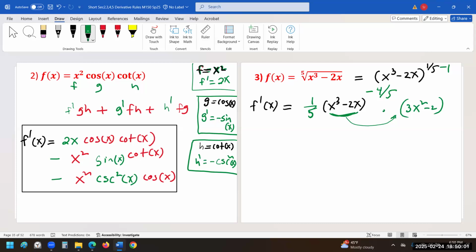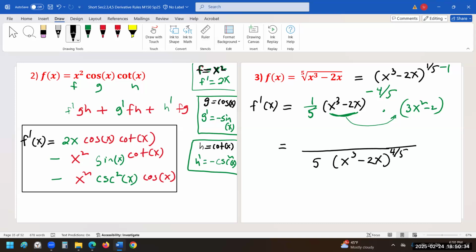But are we done completing the question? No, right? Anytime you have a negative power, don't leave it alone. So what goes on the bottom? We already have what on the bottom? 5. And now next to the 5, what is coming down? x cubed minus 2x. And its power becomes positive 4/5. Any negative power always has to be on the denominator.